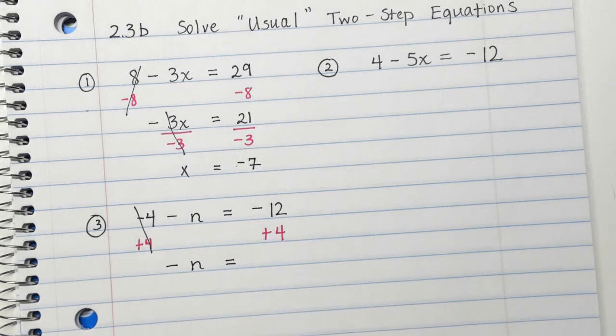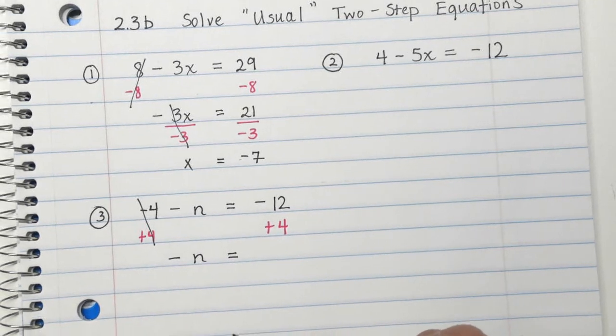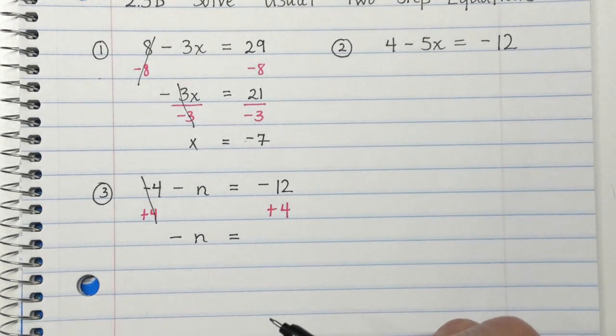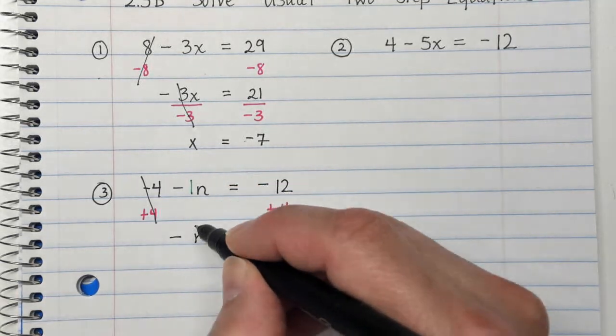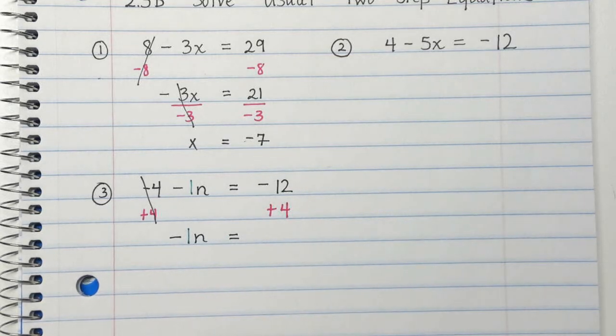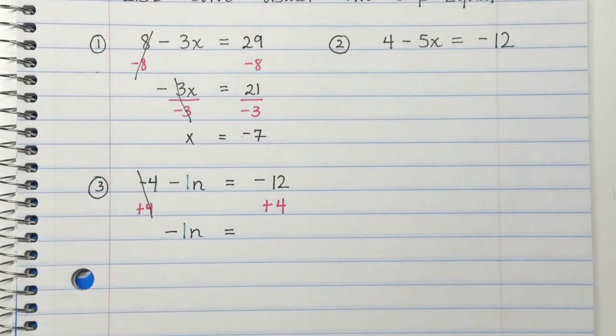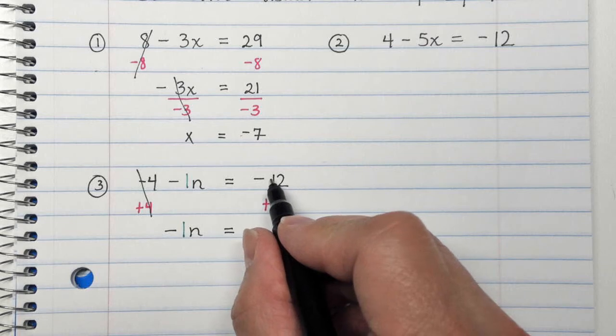Which really means, whenever you see a variable without a number in front, it is a good idea when you're first learning to actually put a 1 in front of it like that. So then you see with your eyeballs exactly what number is in front of the variable.